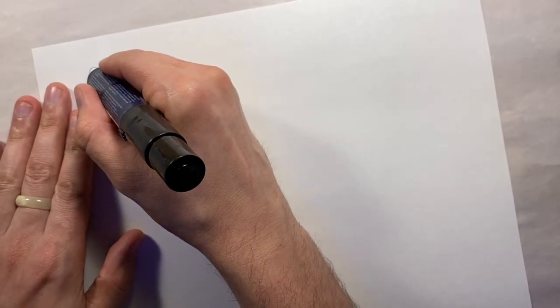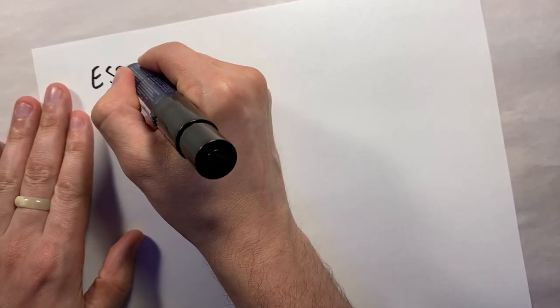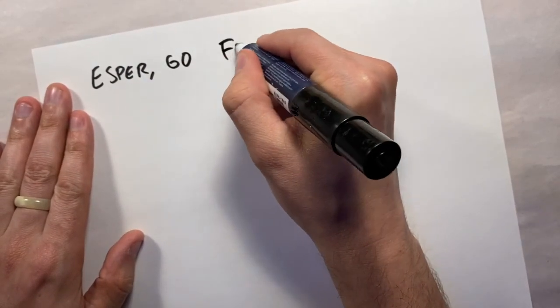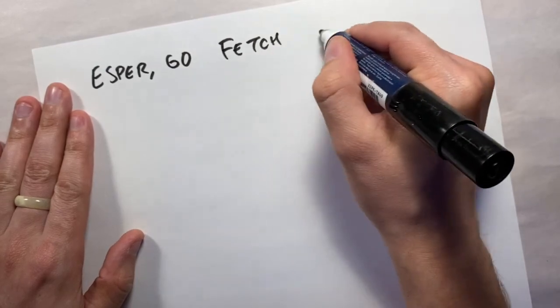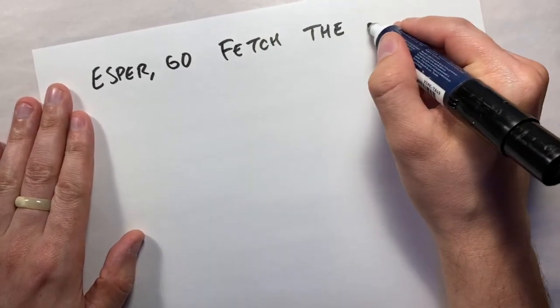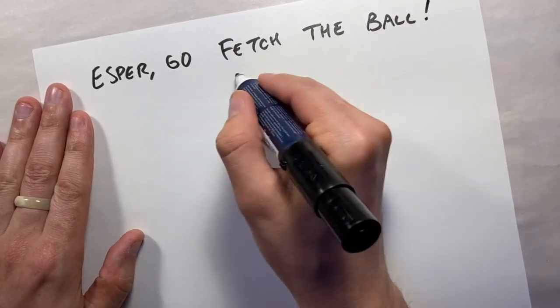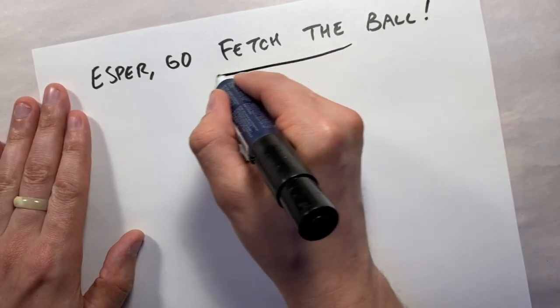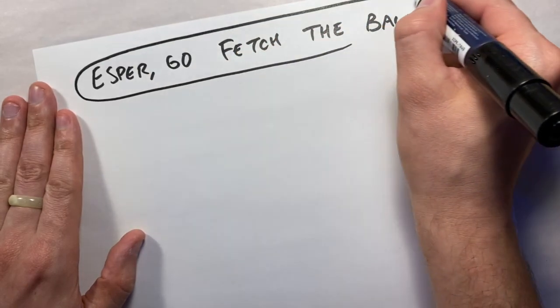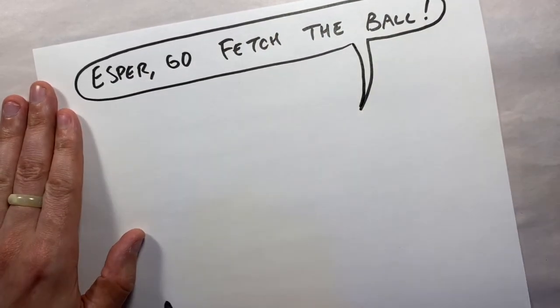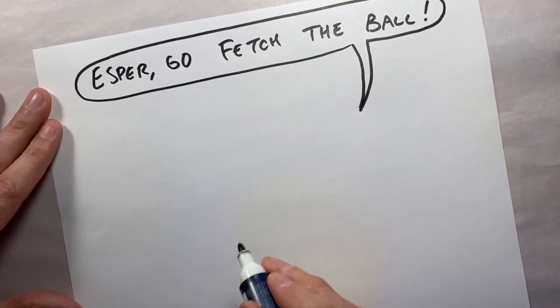So if I were to do Esper, go fetch the ball, that's going to be a really super long word balloon. That's not going to be efficient at all.